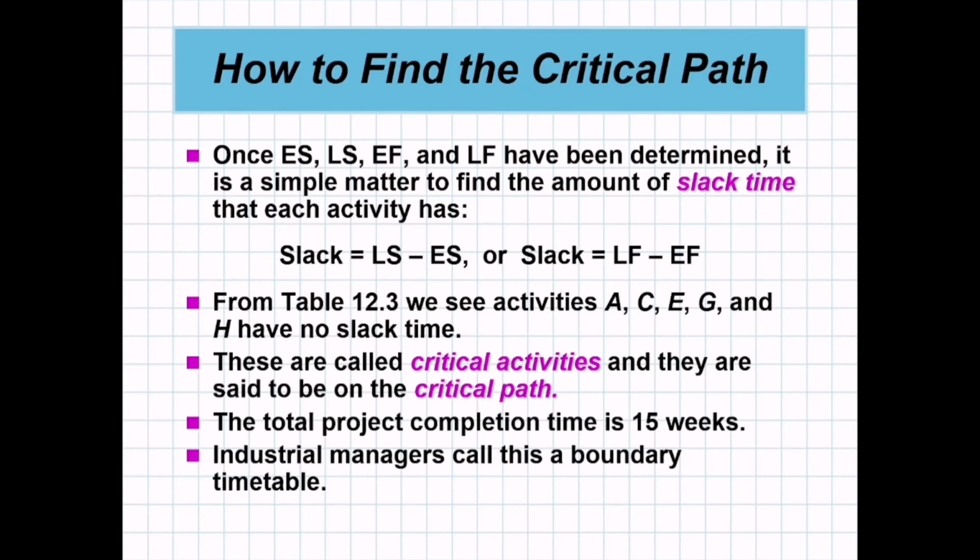When we say no slack time, class, they have no spare time. These are called critical activities and they are said to be on the critical path. The total project completion time is 15 weeks, and industrial managers call this the boundary timetable.